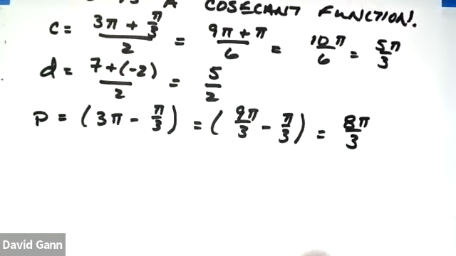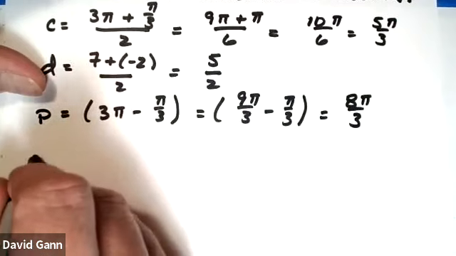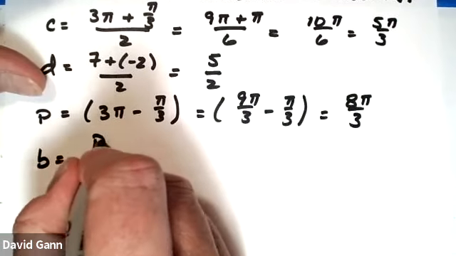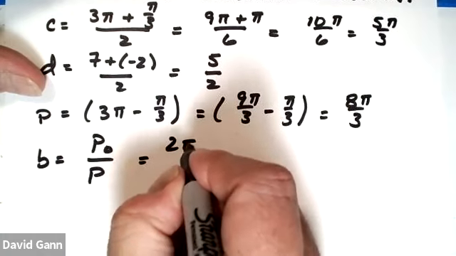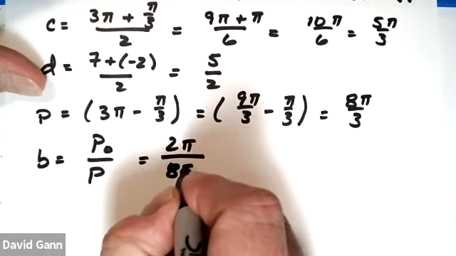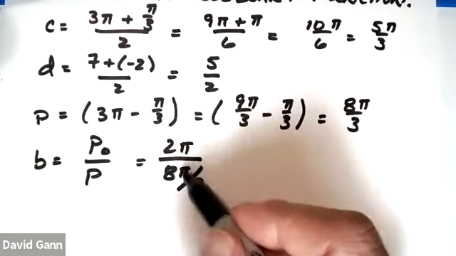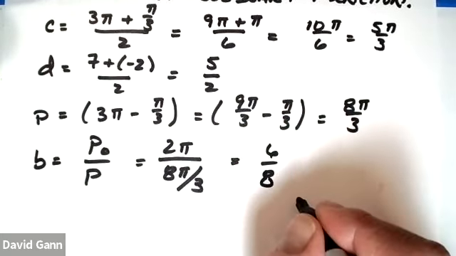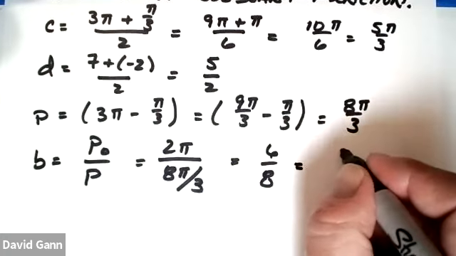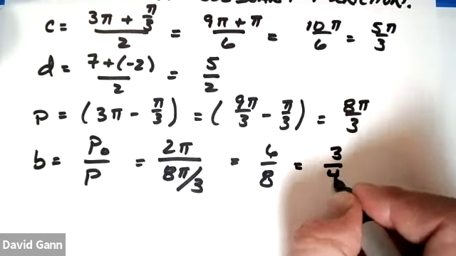And now that we have the period, we can find the B value. So B is equal to the normal period over the actual period, which is 2 pi divided by 8 pi over 3. The pi's will cancel, and you end up with 6 over 8, which is equal to 3 over 4.